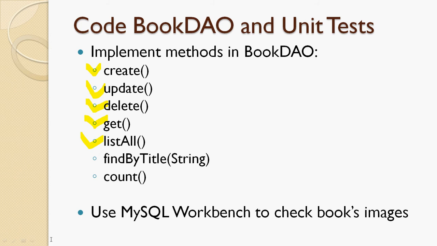Next, let's implement the findByTitle method that returns a book object based on the given title, or returns null if the book could not be found with the given title.